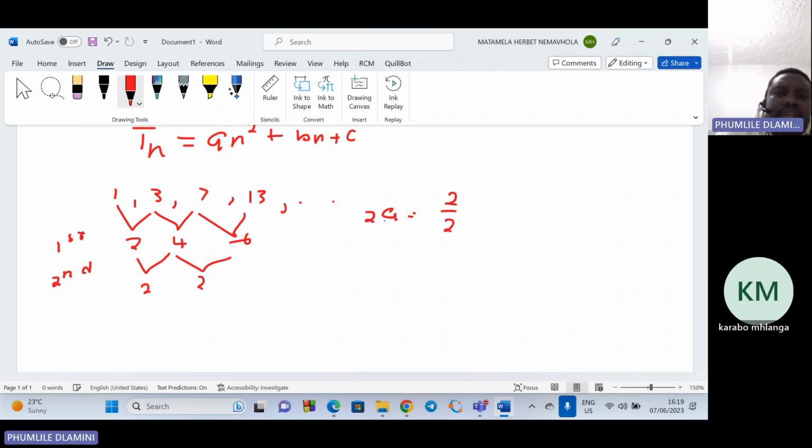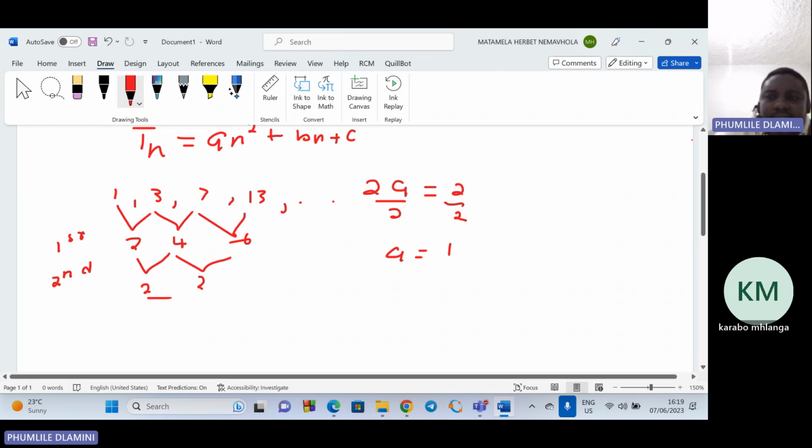It's like 2a equals 2. Let me just rewrite it properly. Your 2a is equal to 2, which is this difference. Then we divide by 2 on both sides, and we get a equals 1.